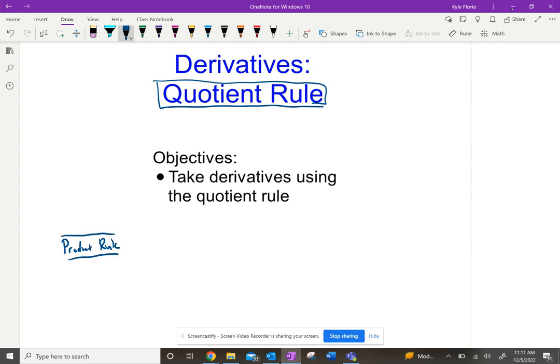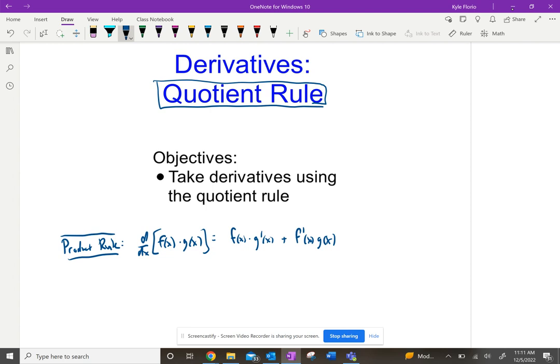The product rule, which I don't think is intuitive at all: if I wanted to take the derivative of a product of functions, it turns out that it's not just f prime times g prime. The derivative ends up being f of x times g prime of x plus f prime of x times g of x.